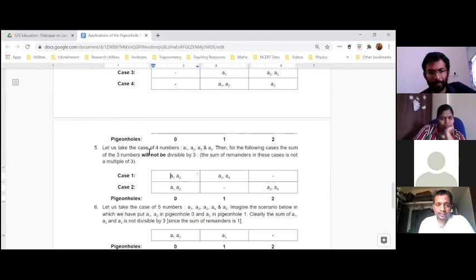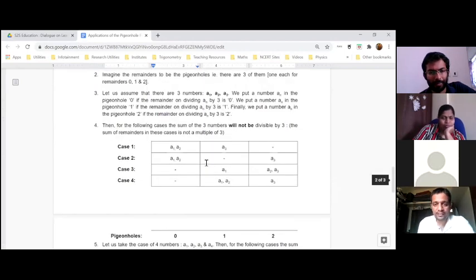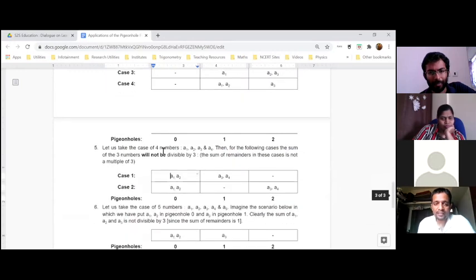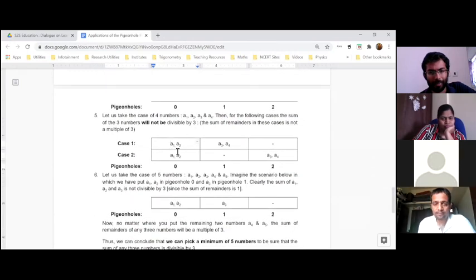So let us take the case of 4 numbers. In the previous case, I took 3 numbers. In the next case, I have taken 4 numbers. In these 2 cases also, the sum of all the 4 remainders is not a multiple of 3.